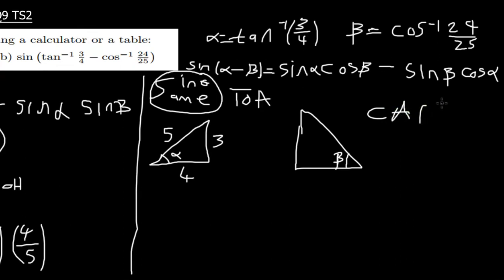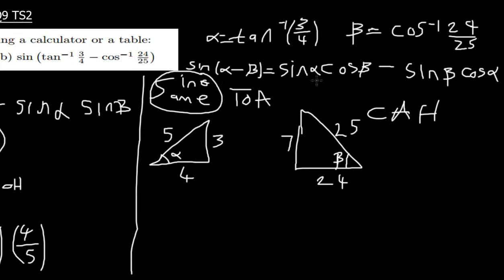So meaning we're dealing with adjacent and hypotenuse, adjacent over hypotenuse. So what is our adjacent there? Our adjacent is 24. So meaning this part is 24, and this part is 25. And when you do your Pythagoras, you discover that your opposite there will be 7. So from there, I think we can even start putting in the values.